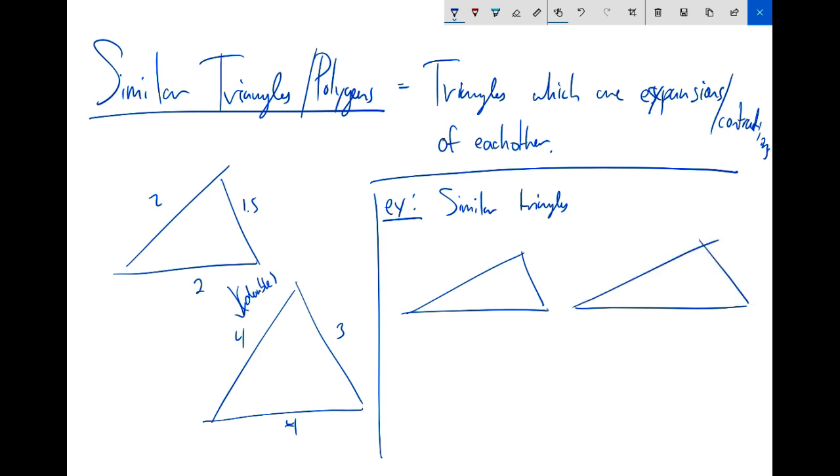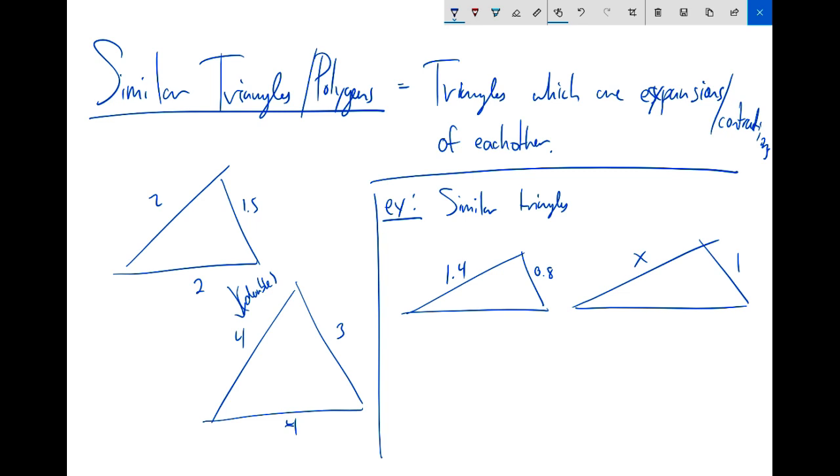And let's say this side length was 0.8, and this side length right here was 1.4, and maybe this side length right here is 1, and this side length right here is unknown. Now the question is, is there a way that you could solve for the unknown length of that bigger triangle? There is, right?